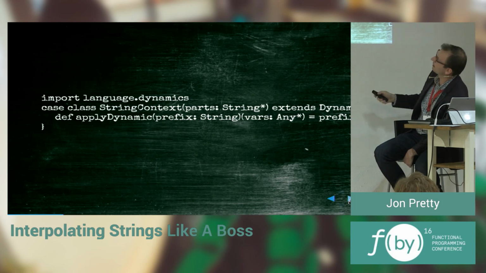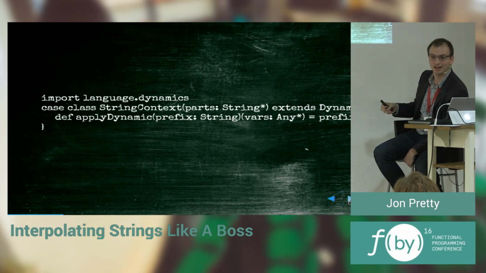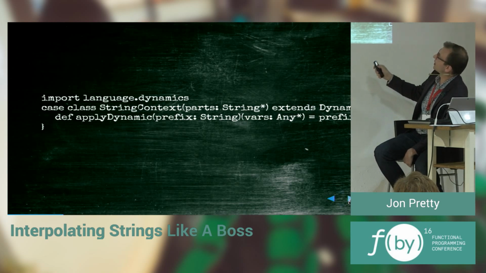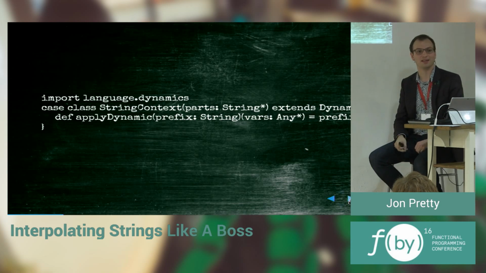It extends Dynamic, and we implement the applyDynamic method. The prefix, remember, is the name of the method call. So that's where that comes from. And then we have the variable parts as a parameter there. And all we're going to do, this is most of the slide, you're not missing much, we just return the actual prefix you use as the result of calling that method.